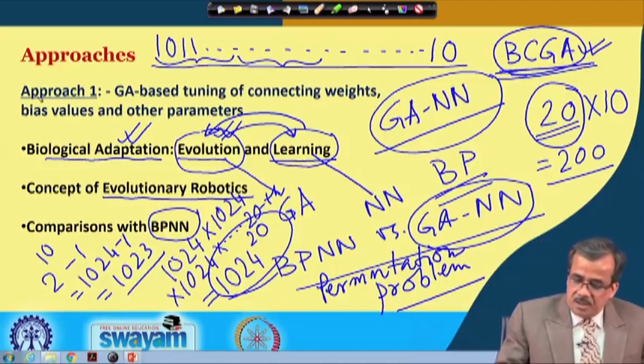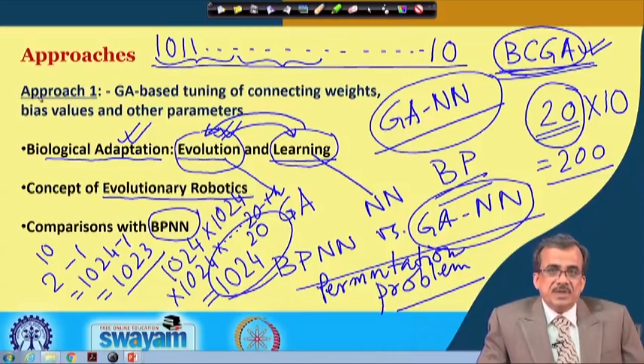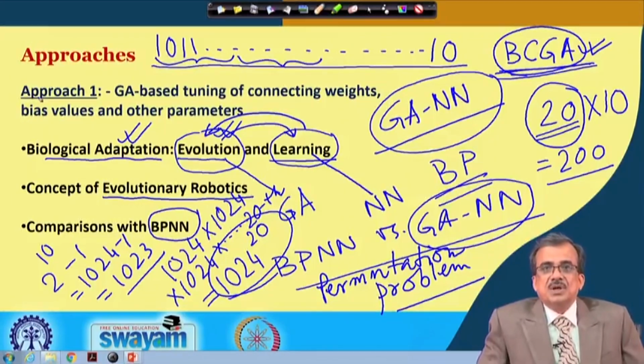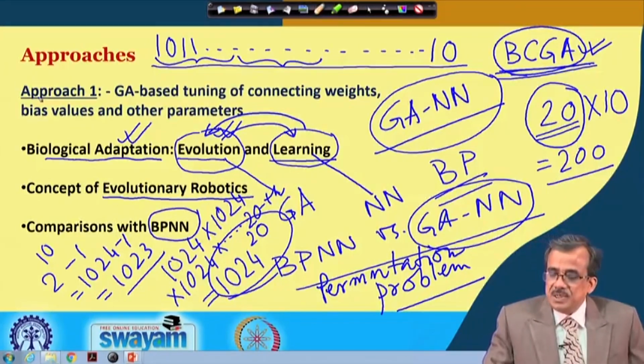Once again, a detailed discussion on a real coded GA is beyond the scope of this course, but this thing is available in detail in the textbook for this course, that is Soft Computing: Fundamentals and Applications.